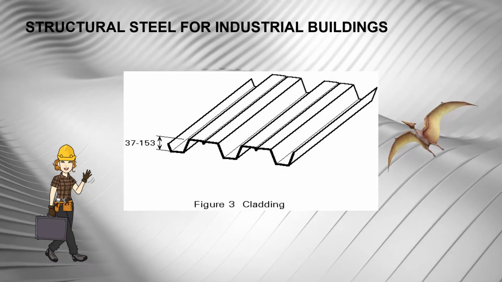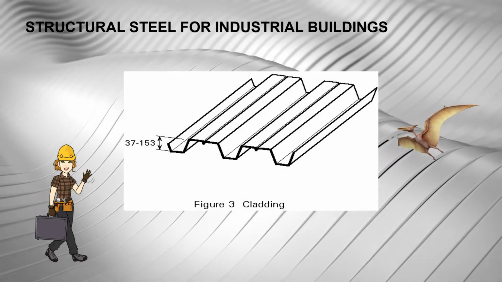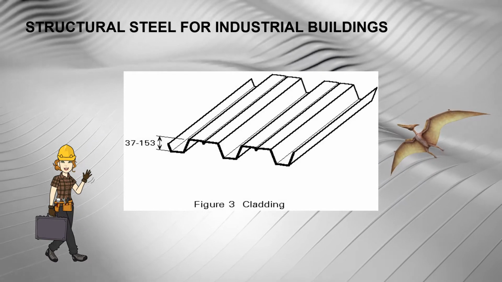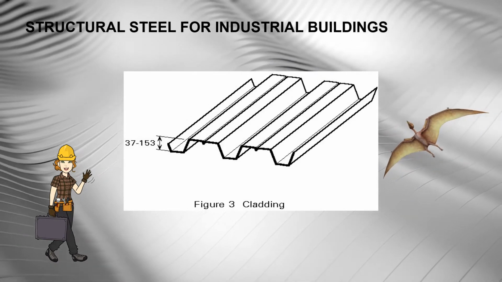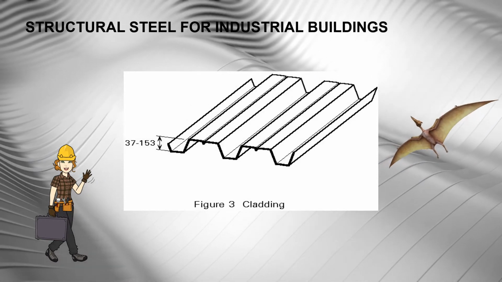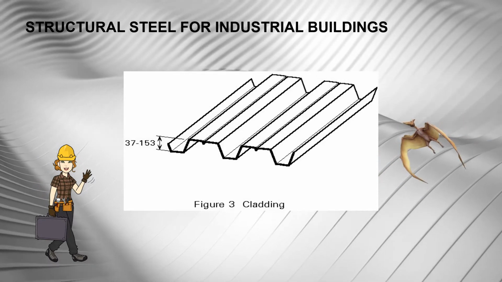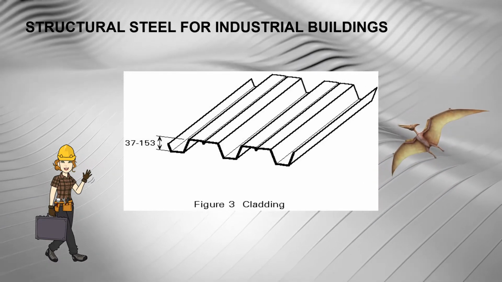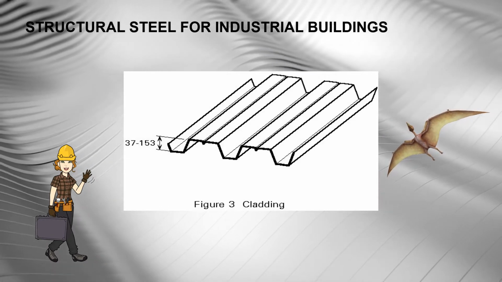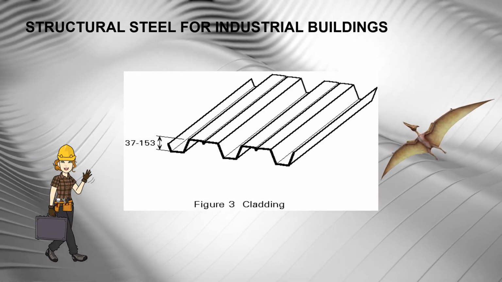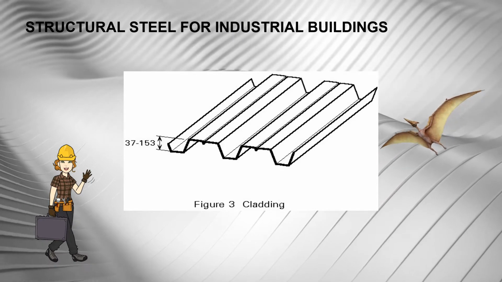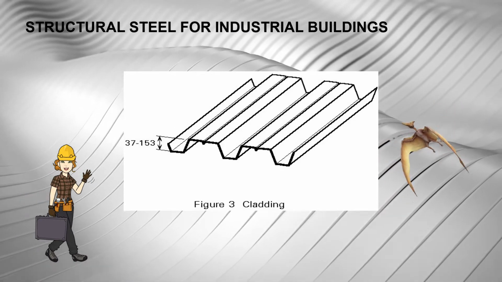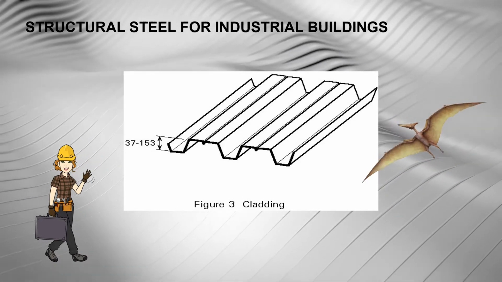Structural steel for industrial buildings. Compared to other materials, particularly reinforced or pre-stressed concrete, steel has major advantages. Its high strength to weight ratio and its high tensile and compressive strength enables steel buildings to be of relatively light construction.